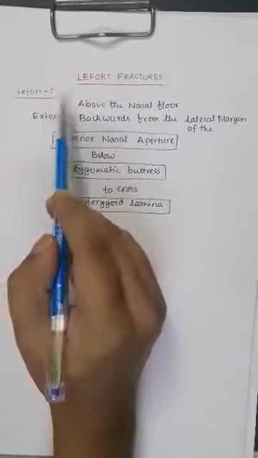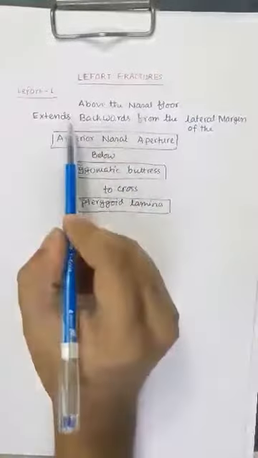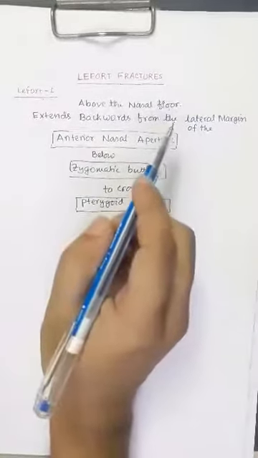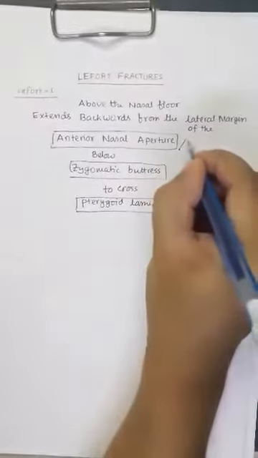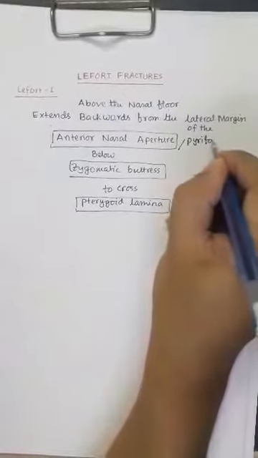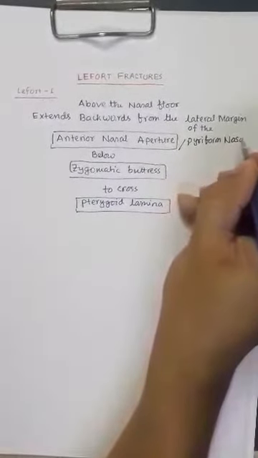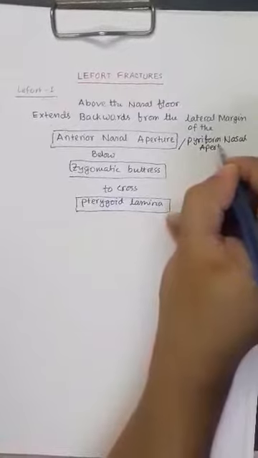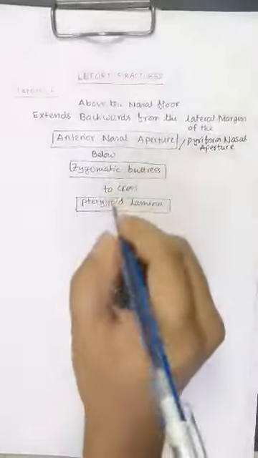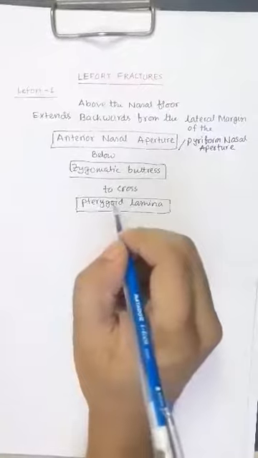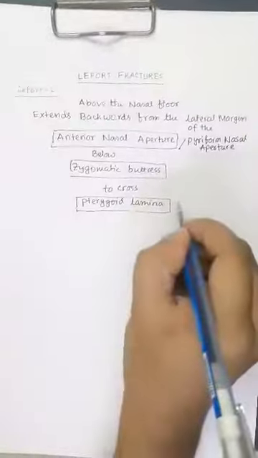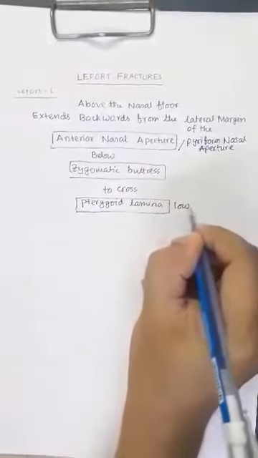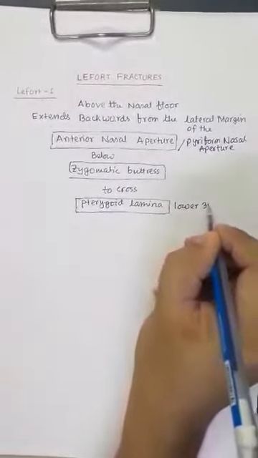Lefort 1 fracture lines are above the nasal floor, extending backwards from the lateral margin of the anterior nasal aperture, or piriform nasal aperture, below the zygomatic buttress to cross the pterygoid lamina. The pterygoid lamina is the lower third.